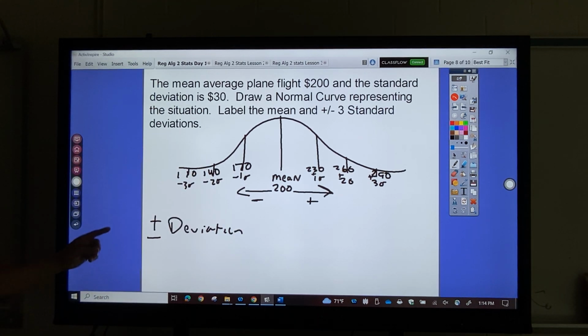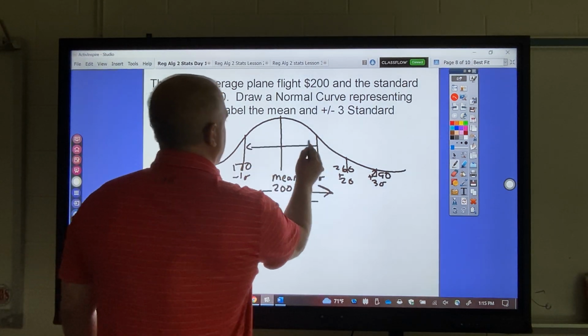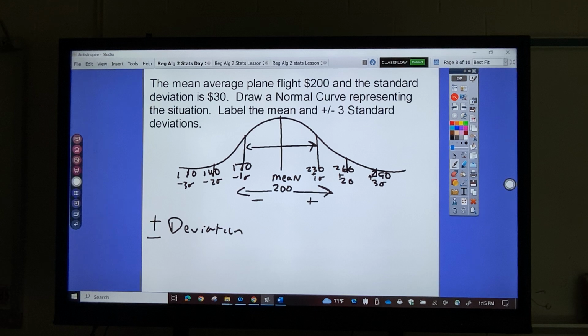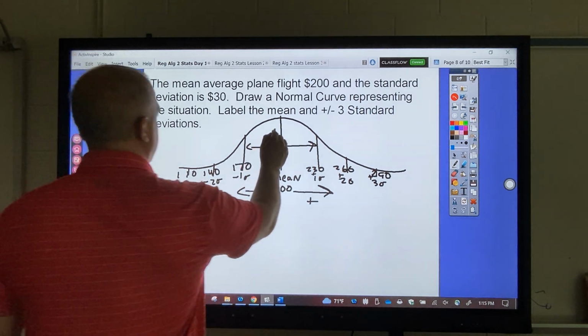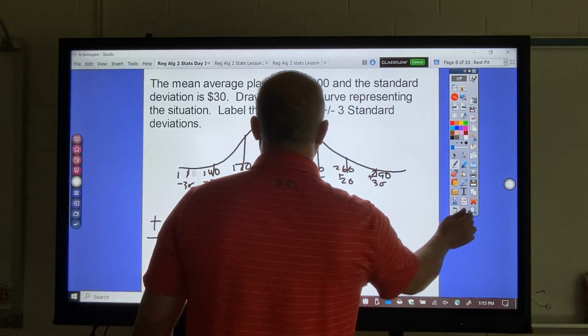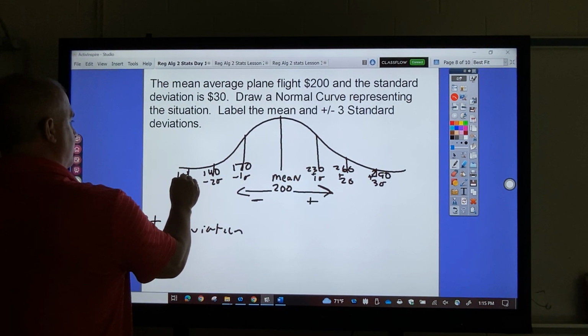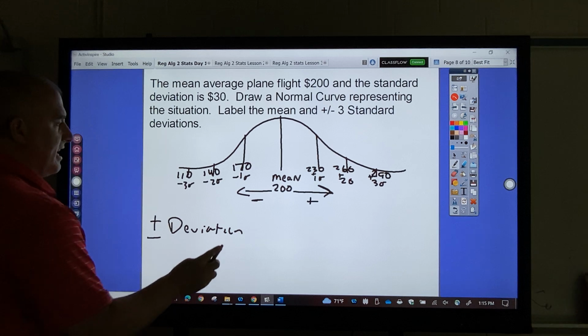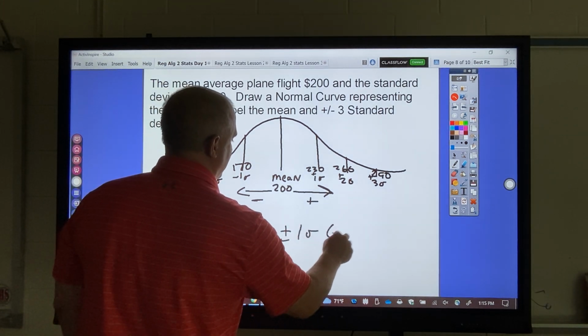Now, what does this mean? Most of your information in the normal curve takes place in those first standard deviations, about 68%. So the idea between plus and minus 1 standard deviation is about 68%.